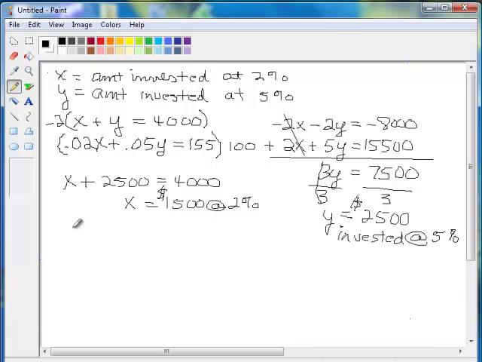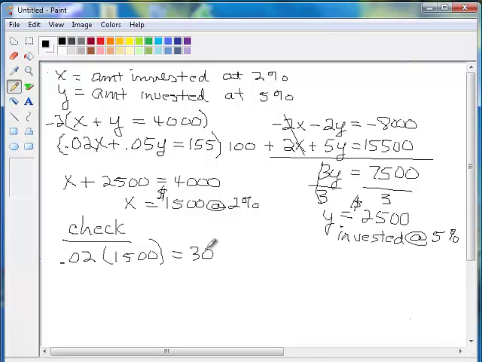Now if I want to check this problem, I'm going to check how much was earned in interest in each of the accounts and see if it adds up to the $155 that is to be earned. So I'm going to say 2% of 1,500, and that equals 30.